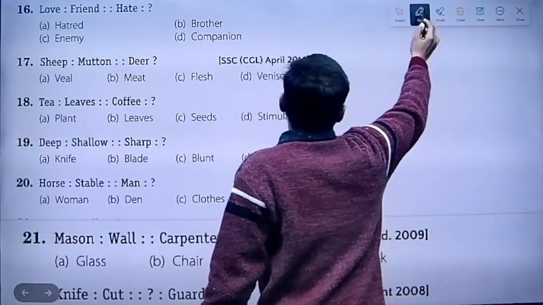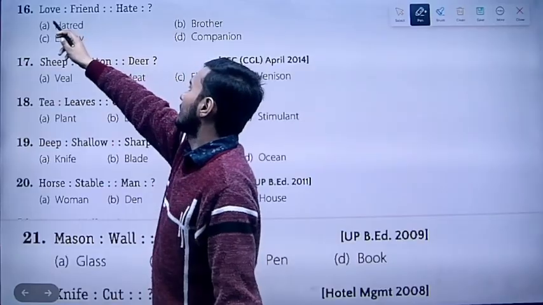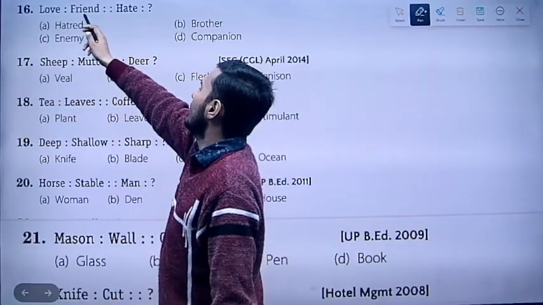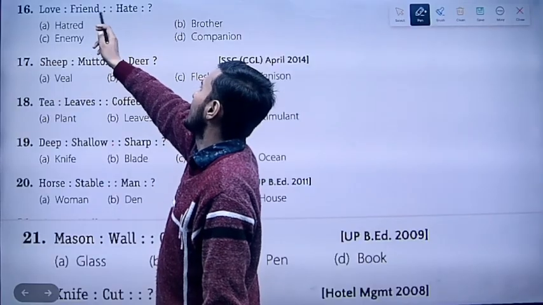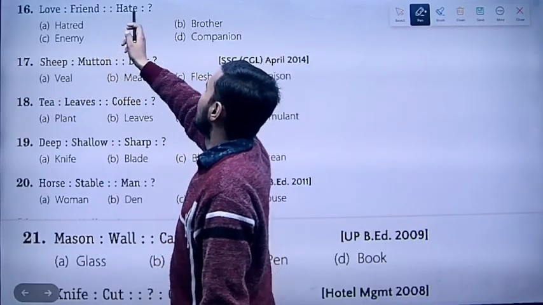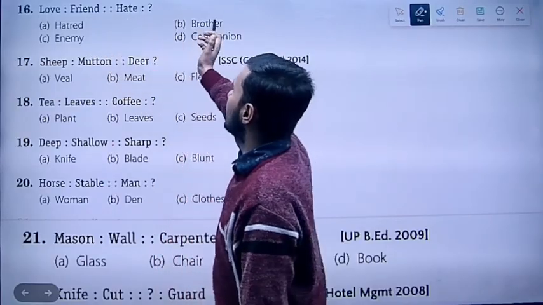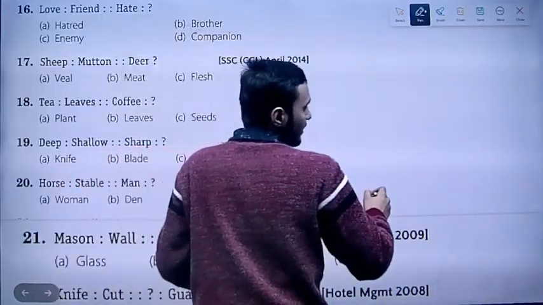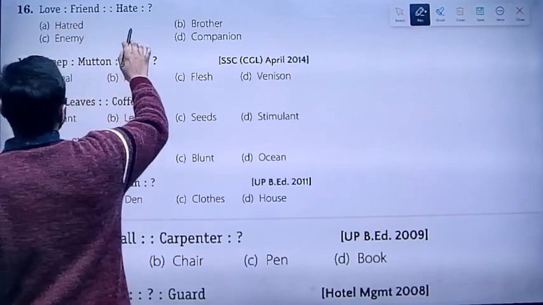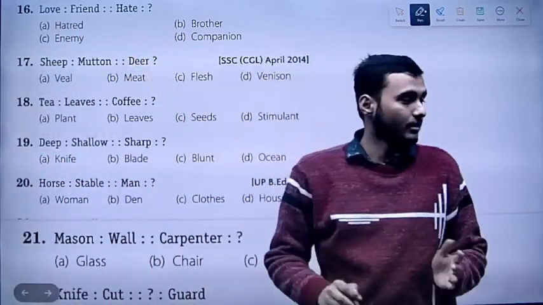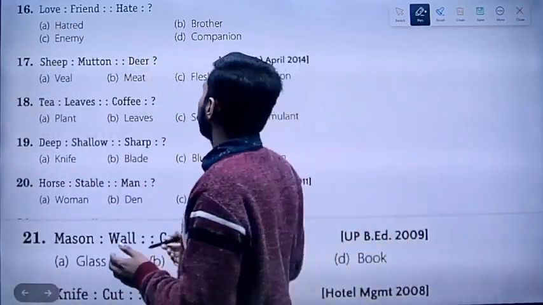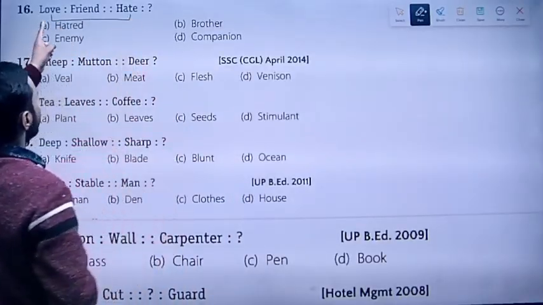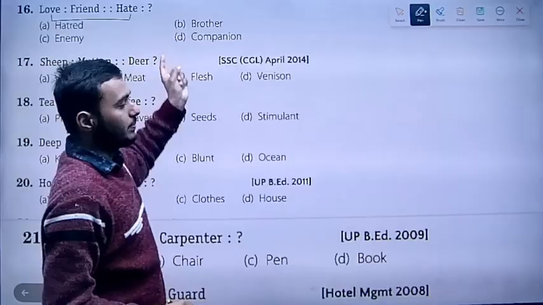If it were a basic analogy relationship, then love would be equal to hate, and instead of friend at the second place, friend would be at the third place, and then we would give our answer. But if we try to establish a relationship between love and friend and hate and something, we cannot easily establish it. So we have to establish the relationship from the first and third place. What does the first place represent? Love. And what does the third place represent? Hate.